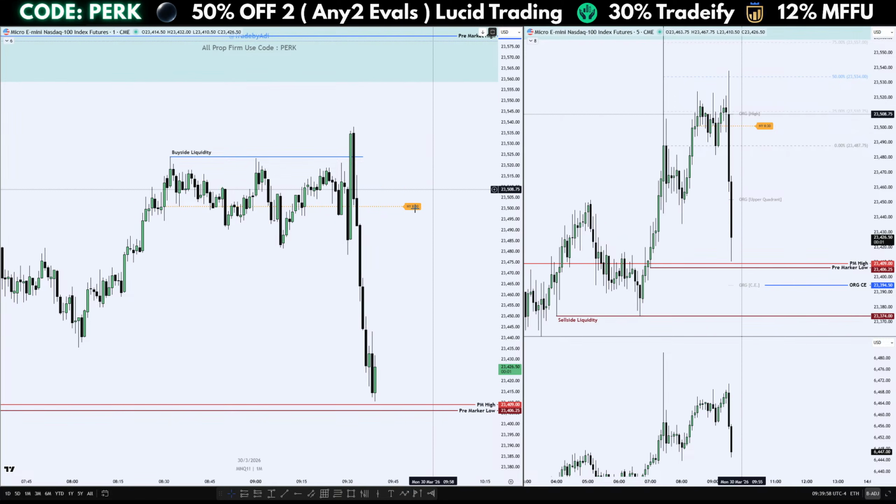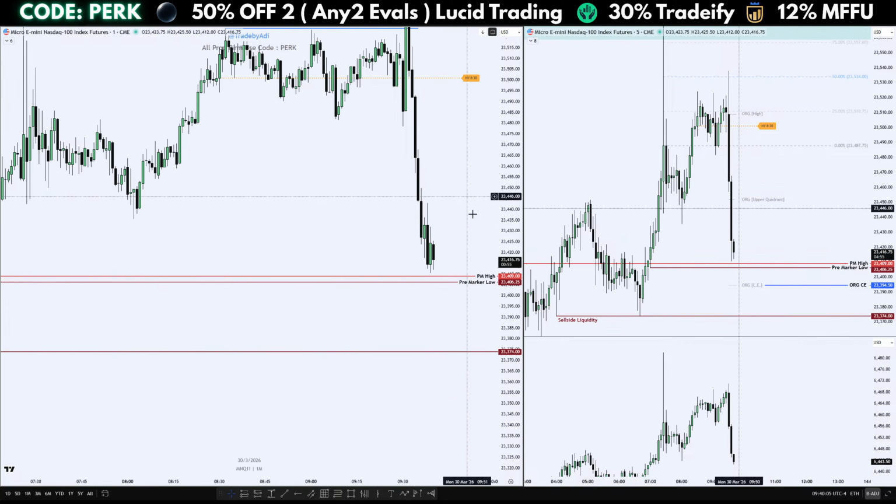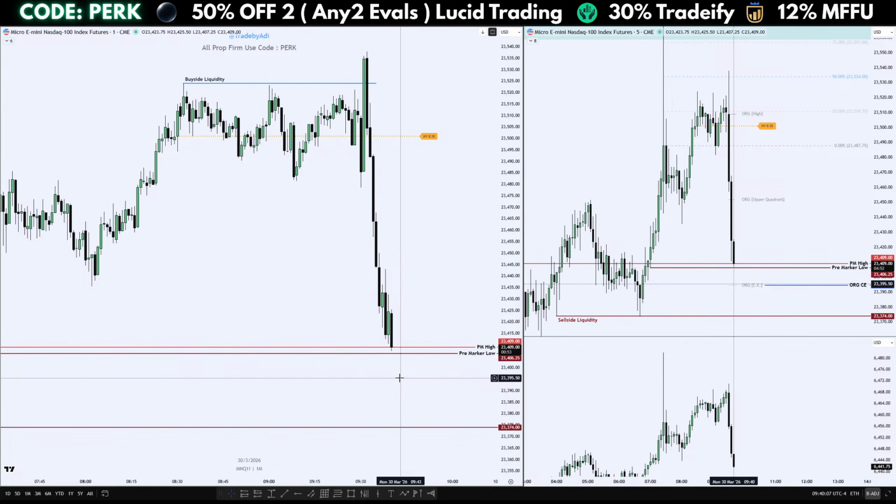Only thing, it has not given us any entry. We are getting a reaction from this order block, and we finally tap to the pre-market low.